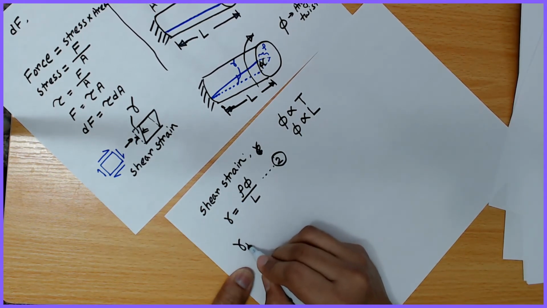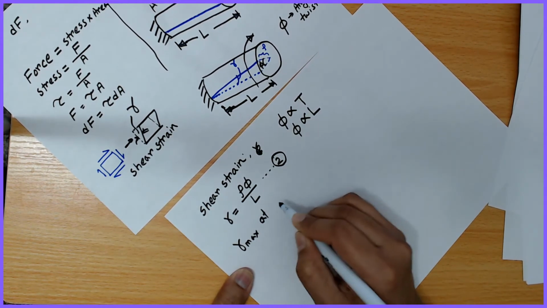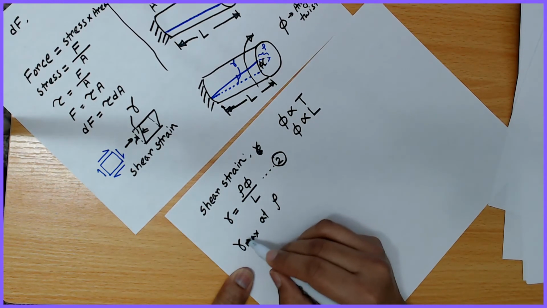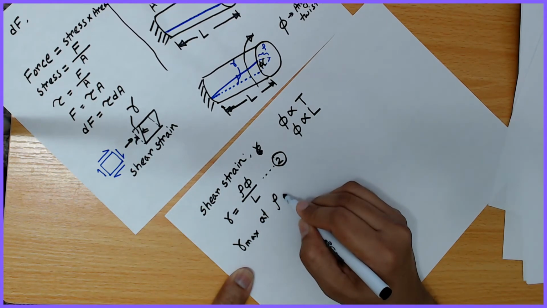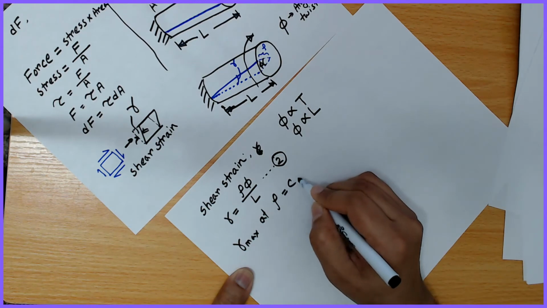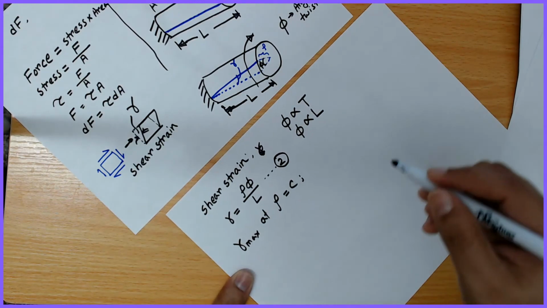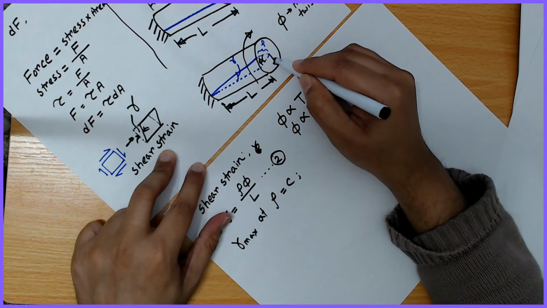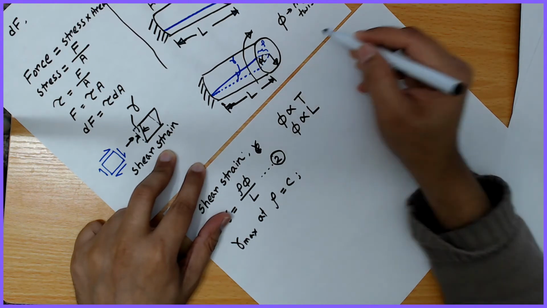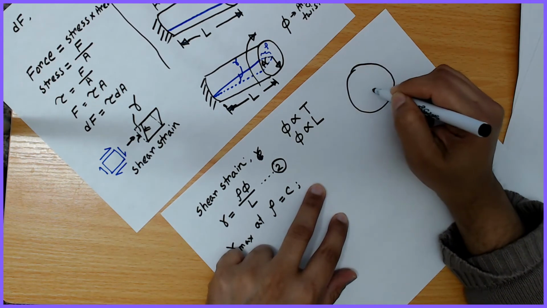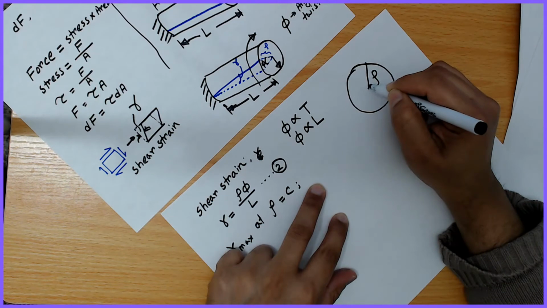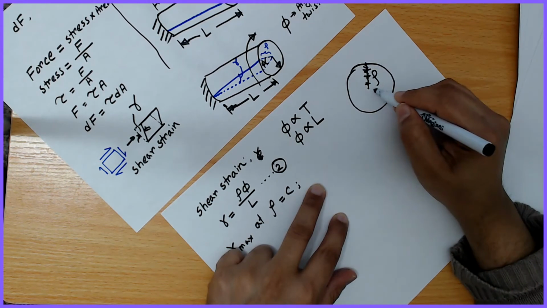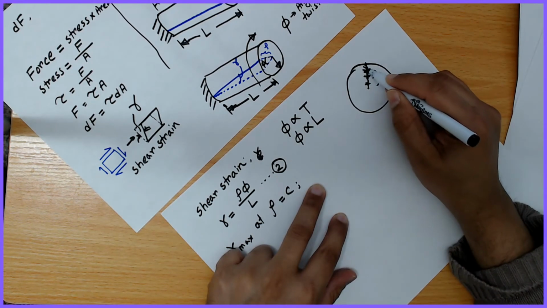Now this gamma, the shear strain, is maximum at rho equal to C. Rho means the distance here; this is a point, this is a point, this is another point.